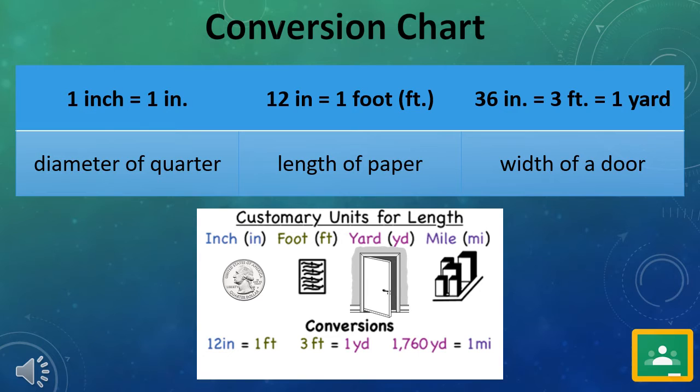In order to make a foot, we need 12 quarters lined up to equal 1 foot. And that's about the length of a piece of paper. In order to make a yard, we need 36 inches or 36 quarters lined up in a row to create how much space 1 yard takes up.